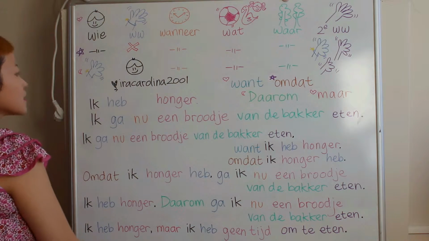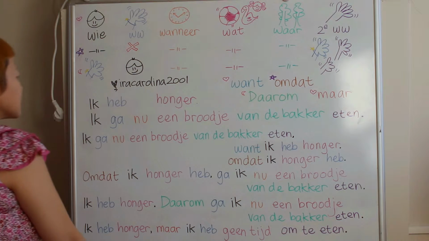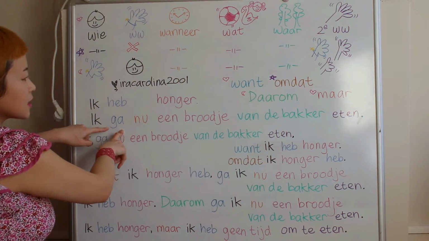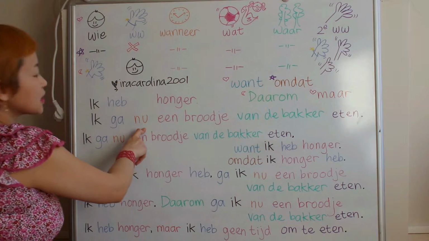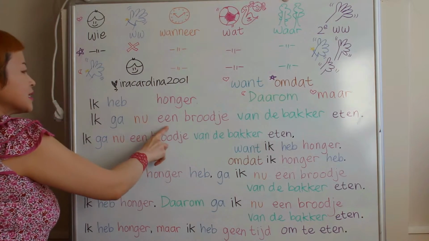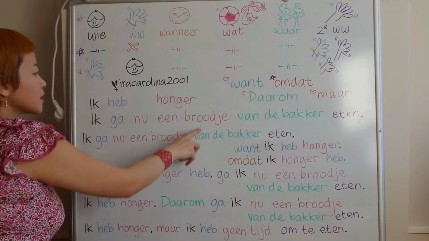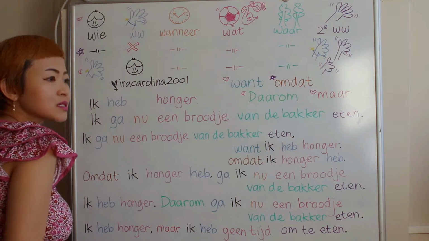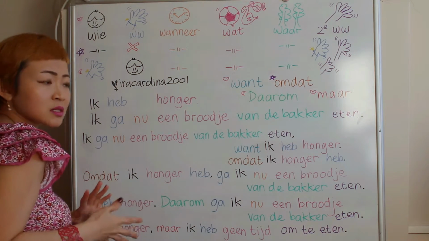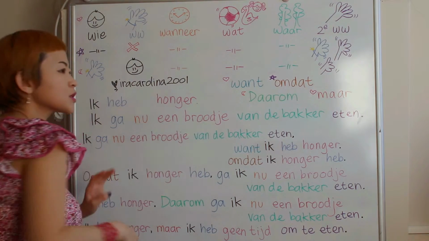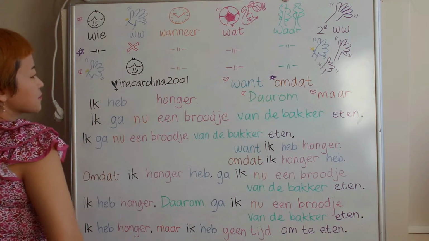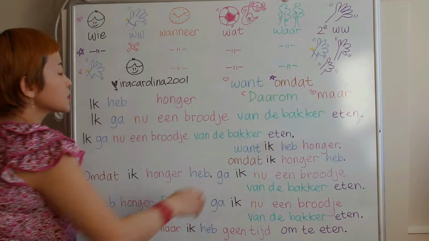Second sentence. Ik ga, I go, ga, nu, now. Een broodje, een is one. Brood is bread, but if you want to say the bread is small, you put the je, so you say it as broodje. Een broodje, a small bread.